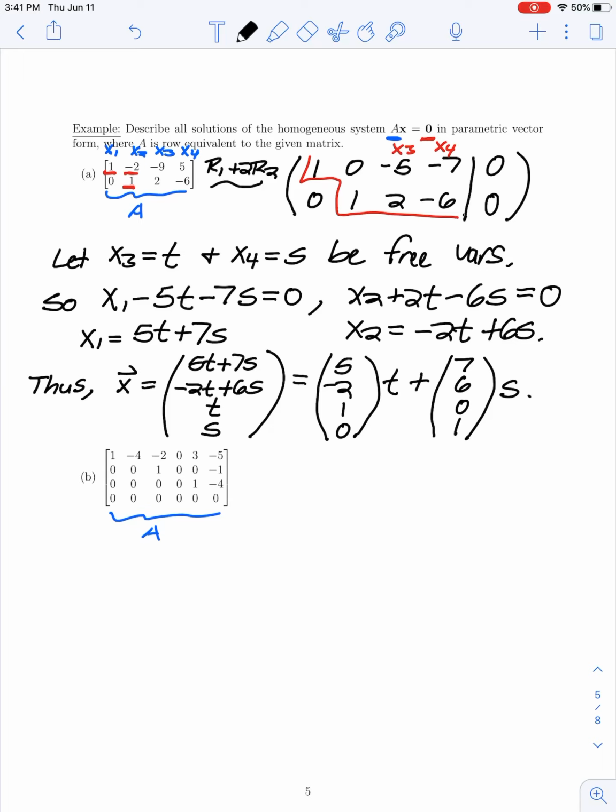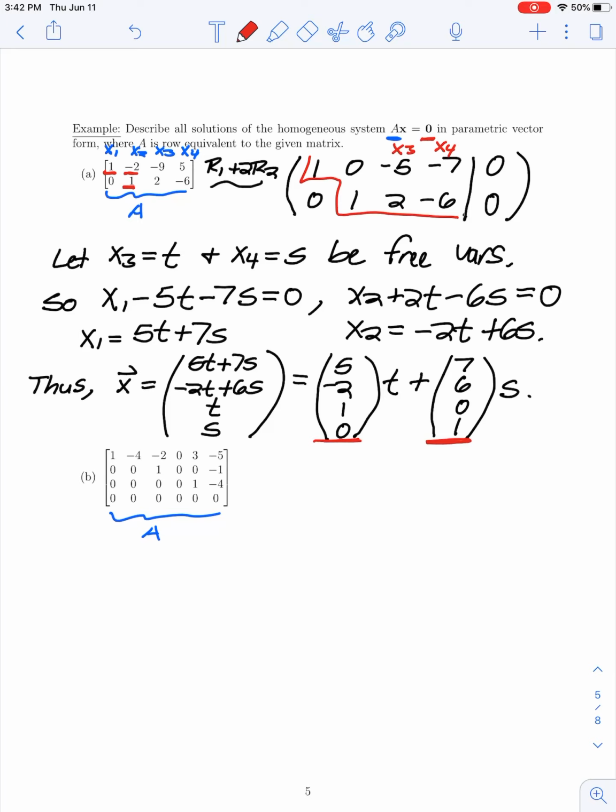All right. So here, our solution set would be sort of a plane, but in 4-dimensional space, R4, since we've got 4 variables, which are spanned by the vectors given here. All right. So let's look at another one.